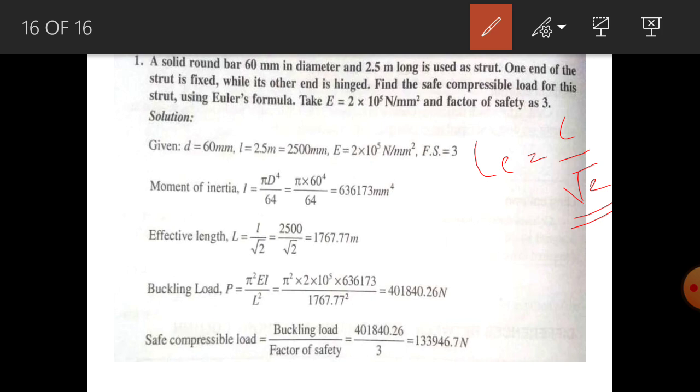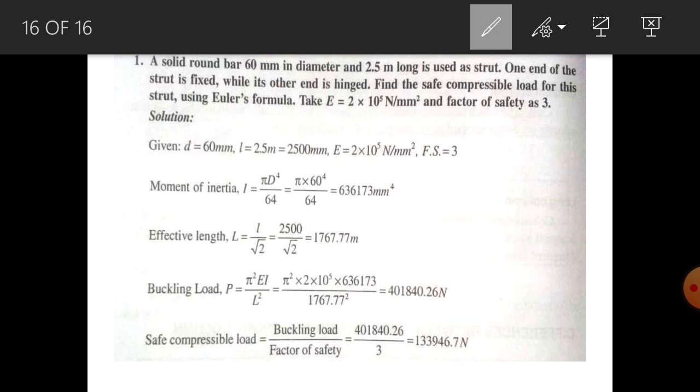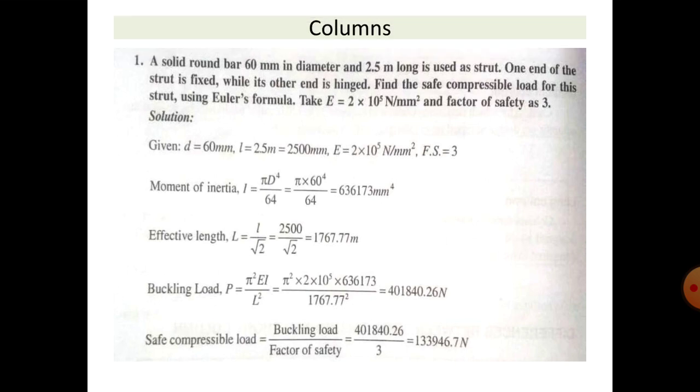It is L by root 2. So this is what you have to find out first. The length is given, the diameter of the round bar is given, and the important point here is the support condition, that is, one end is fixed and the other end is hinged.